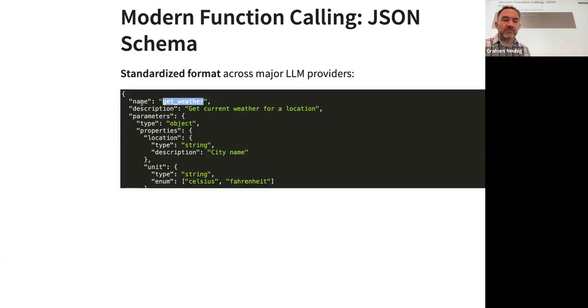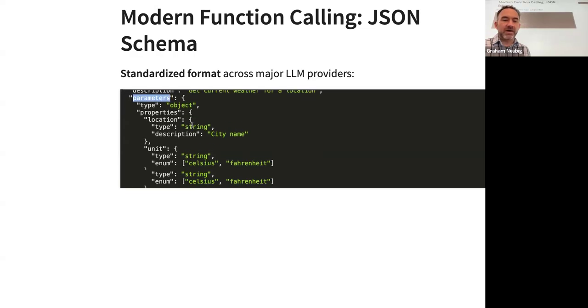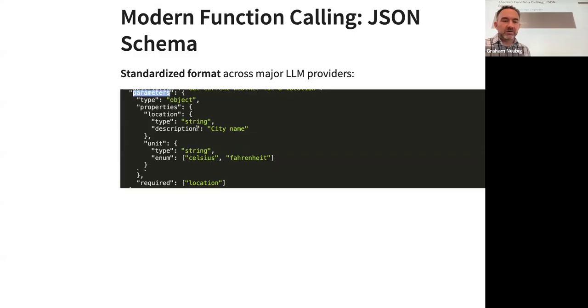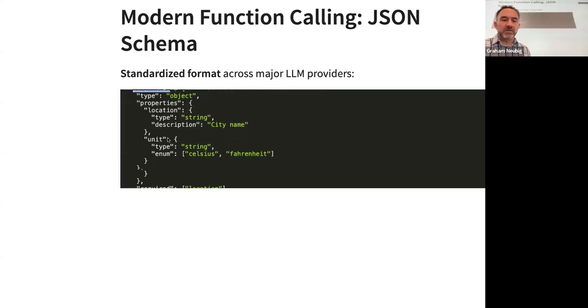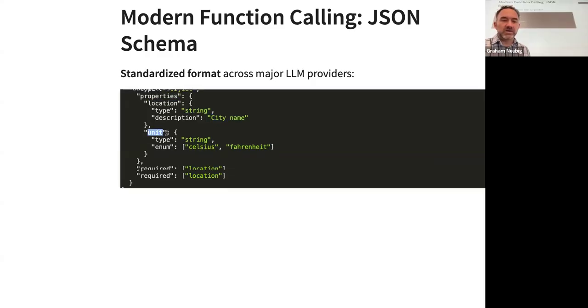It will have a name like get weather, a description like get the current weather for a location, and then parameters of type object. Each parameter is something like a string, location, which is a city name, and then unit, which is a string, Celsius and Fahrenheit, and location is required. So this looks like a Python definition with a doc string or something like that, right?